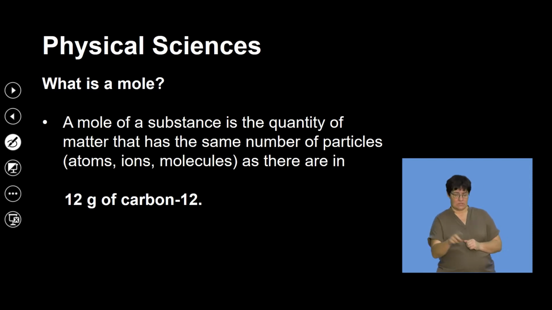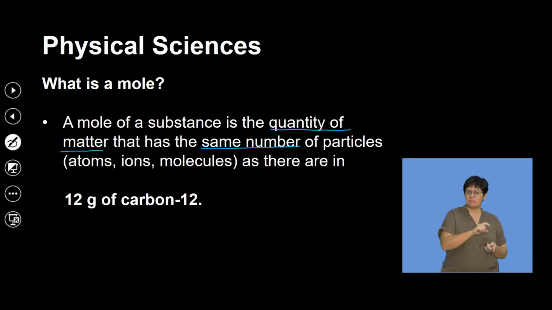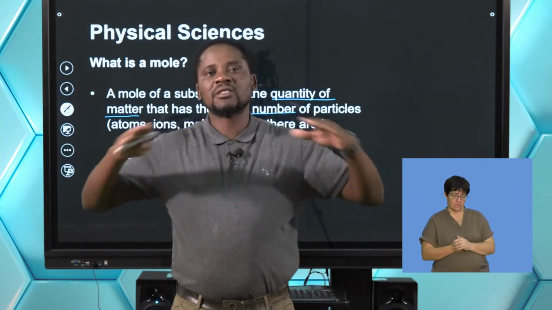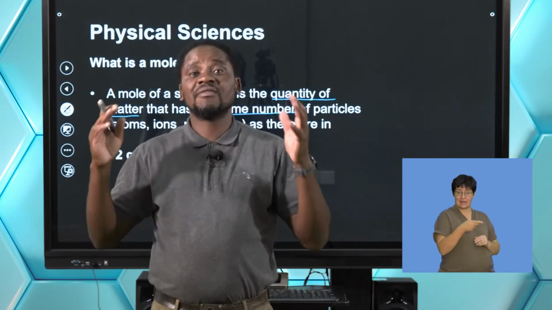By definition, a mole of a substance is the quantity of matter that contains the same number of particles, which can be atoms, ions, or molecules, as there are in 12 grams of carbon-12. If you go to your examination guideline, it spells out that definitions are very important.